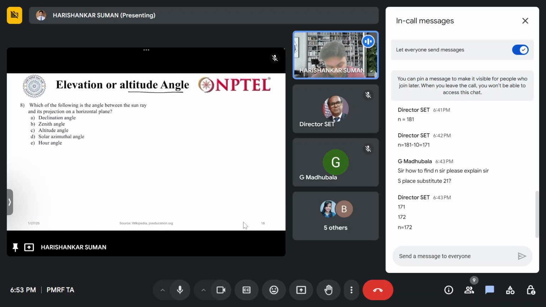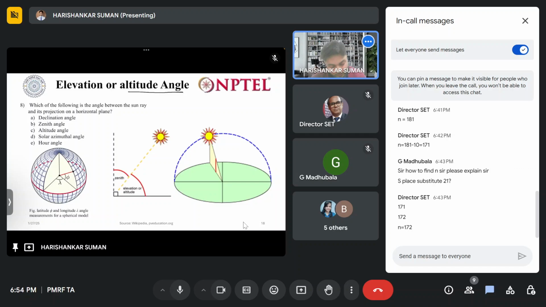For latitude phi, longitude lambda, measured for a spherical model. This is the diagram. Now read the question: which of the following is the angle between the sun ray and its projection on a horizontal plane?